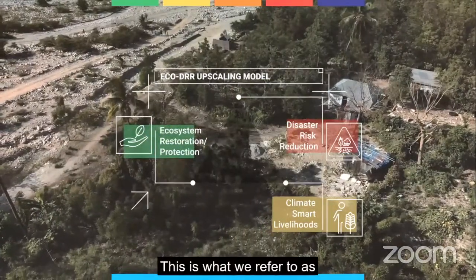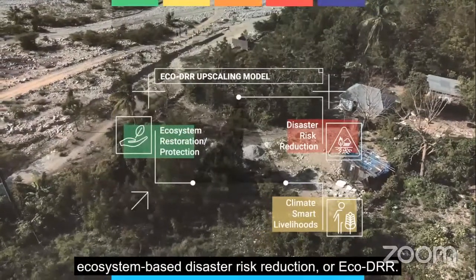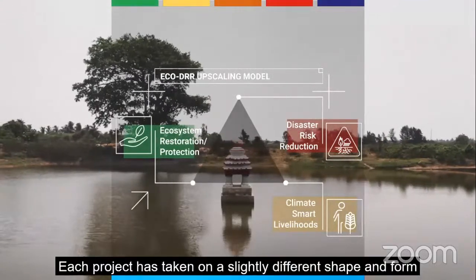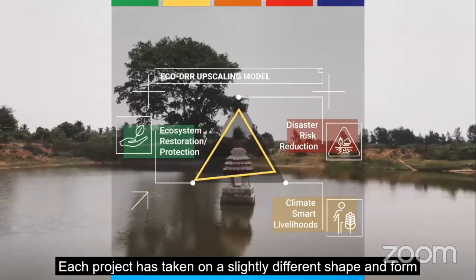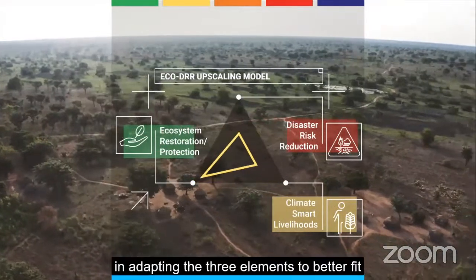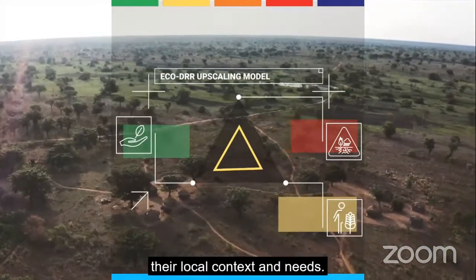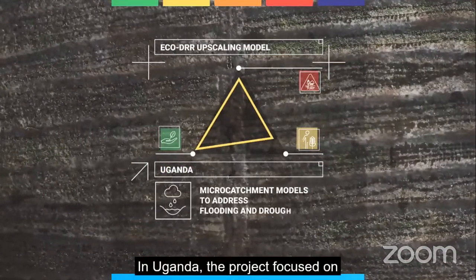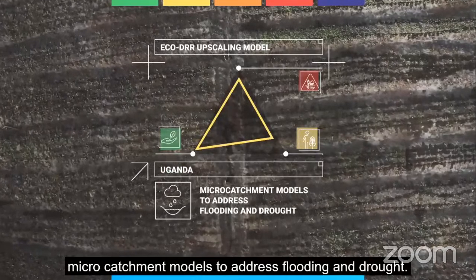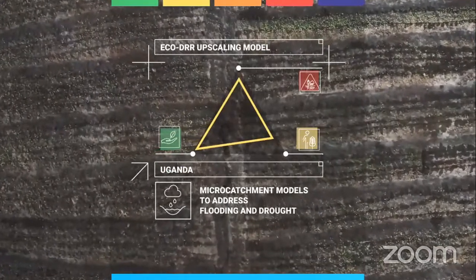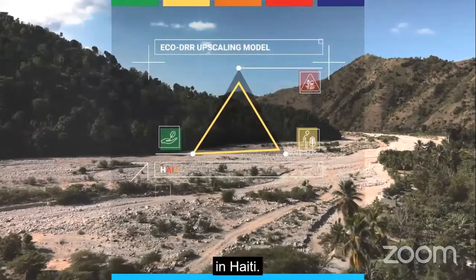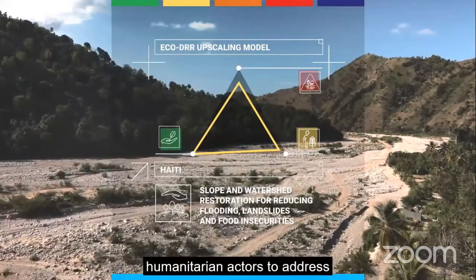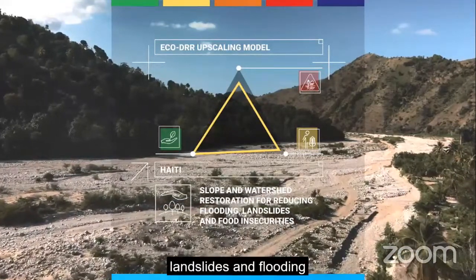This is what we refer to as ecosystem-based disaster risk reduction, or Eco-DRR. Each project has taken on a slightly different shape and form in adapting the 3 elements to better fit their local context and needs. In Uganda, the project focused on microcatchment models to address flooding and drought. In Haiti, the project enabled communities and humanitarian actors to address landslides and flooding.